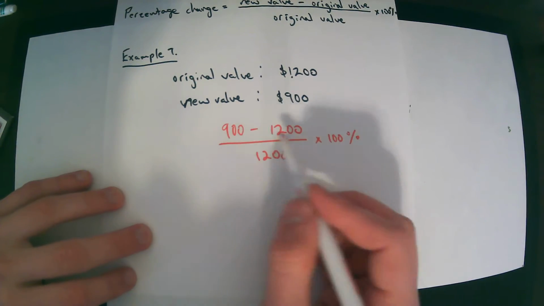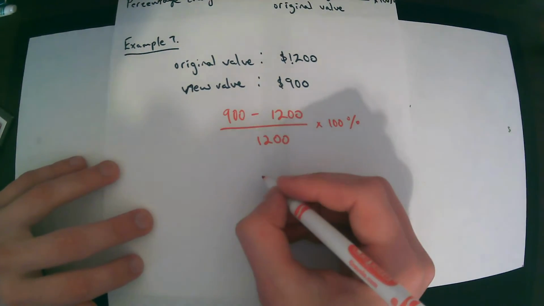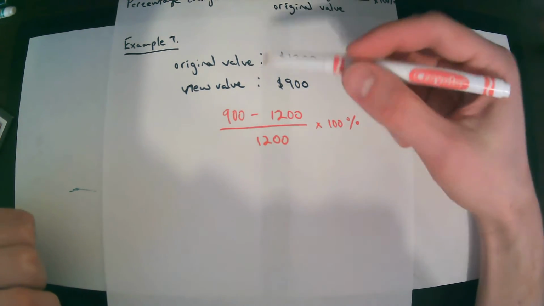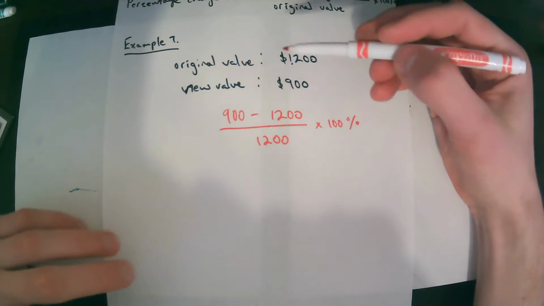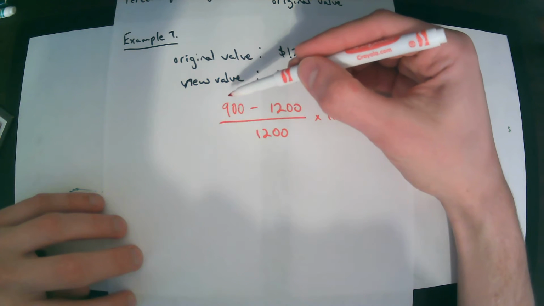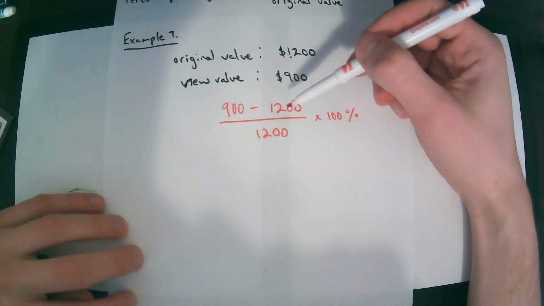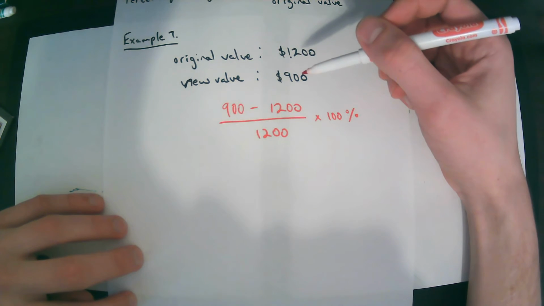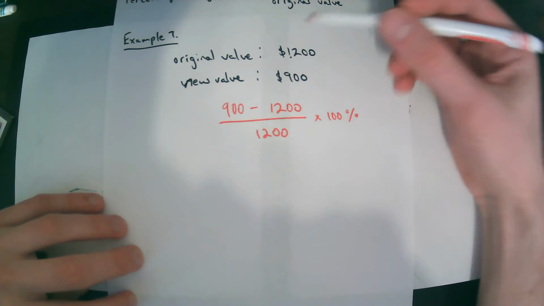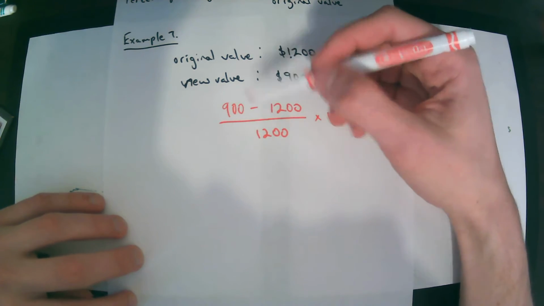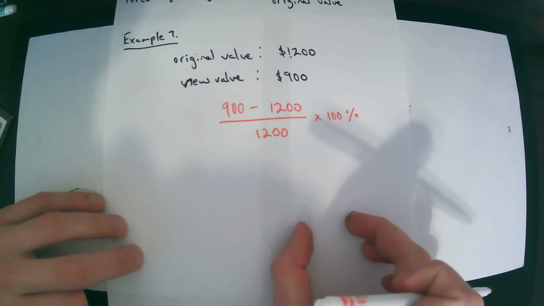So we definitely do the subtraction first. The reason I'm making a big deal out of that is if you plug this into your calculator, if you just arbitrarily go 900 minus 1,200 divided by 1,200, you're going to get 899 because your calculator is going to think you want to do 900 minus, and then 1200 over 1200.